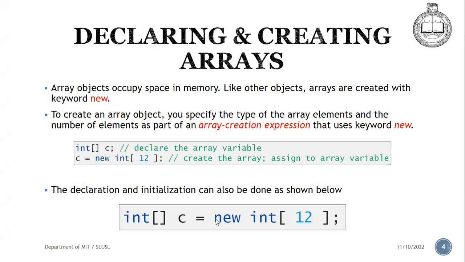That is what we have done using the new keyword. So this is the array declaration and initialization process. This is the very first step in our array creating process. Is this clear?